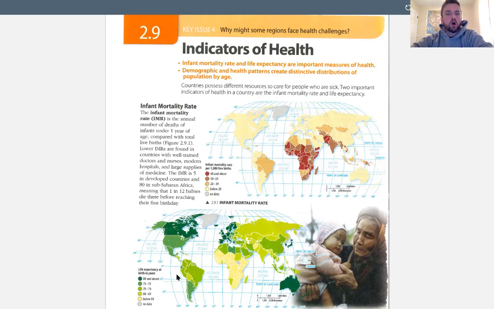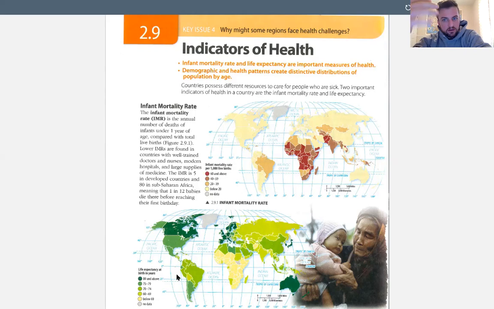Lower IMRs are found in countries with well-trained doctors and nurses, modern hospitals, and large supplies of medicine. The infant mortality rate is 5 in developed countries and 80 in sub-Saharan Africa, meaning that 1 in 12 babies die there before reaching their first birthday.